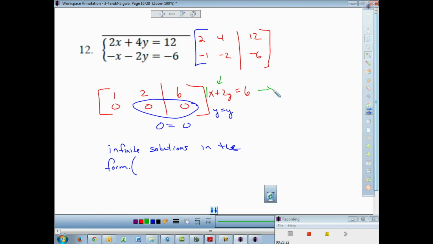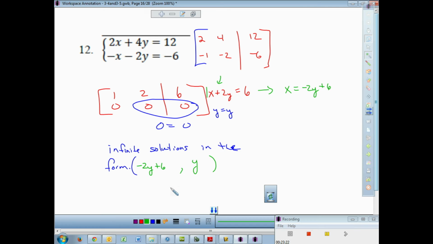Wouldn't that imply that x would equal negative 2y plus 6? Isn't that really what x equals right there? So, our infinite solutions guy, we could do this. Y is y. And x is negative 2y plus 6.